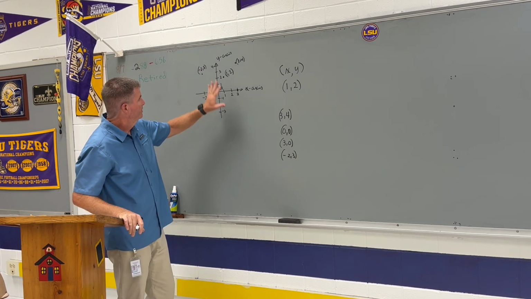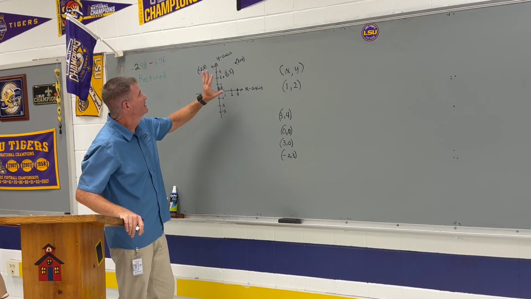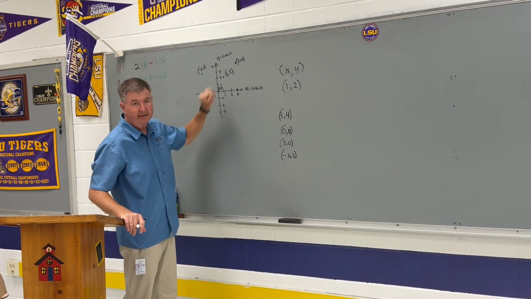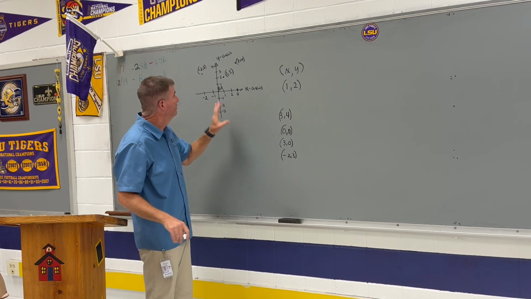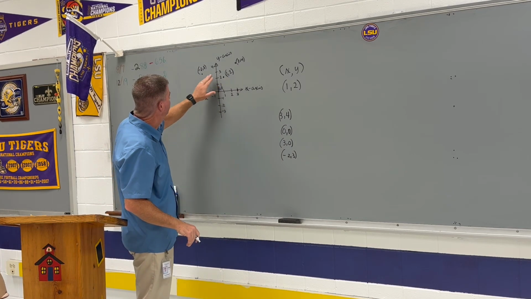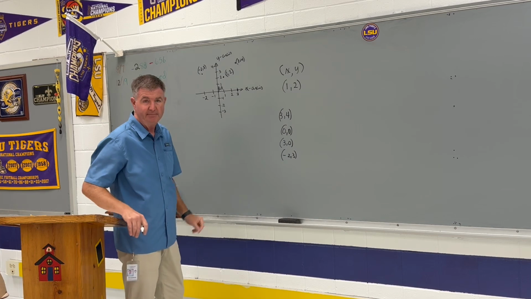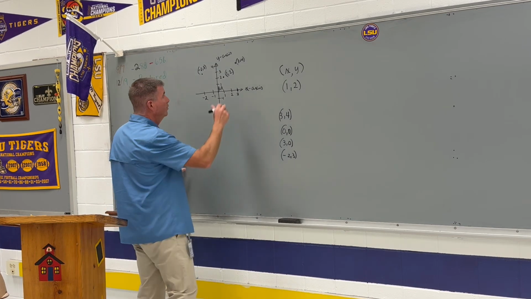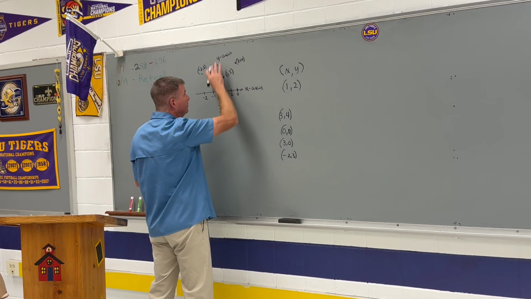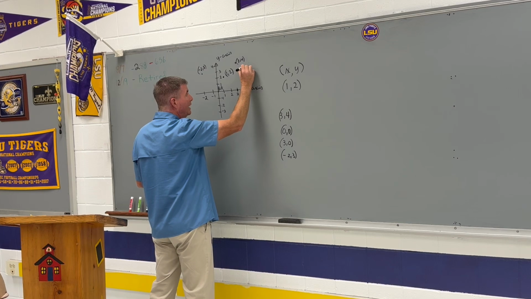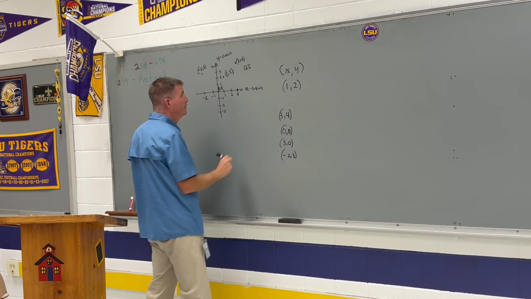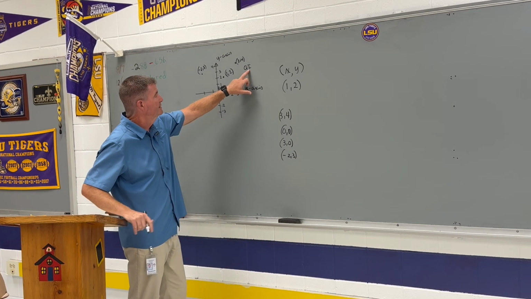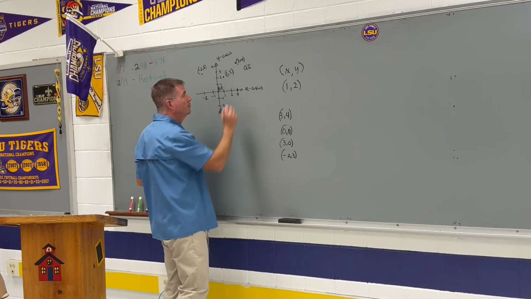Also, the coordinate plane with the axes separates this whole plane. Plane is just a flat surface. It separates the whole plane into what we call quadrants, quad being 4. So we would have this on the upper right hand as quadrant number 1. We put it as a capital Q, and it's a Roman numeral 1.